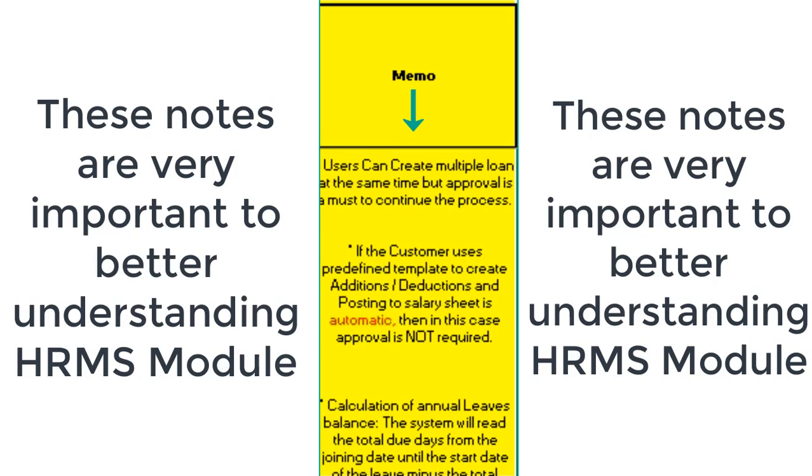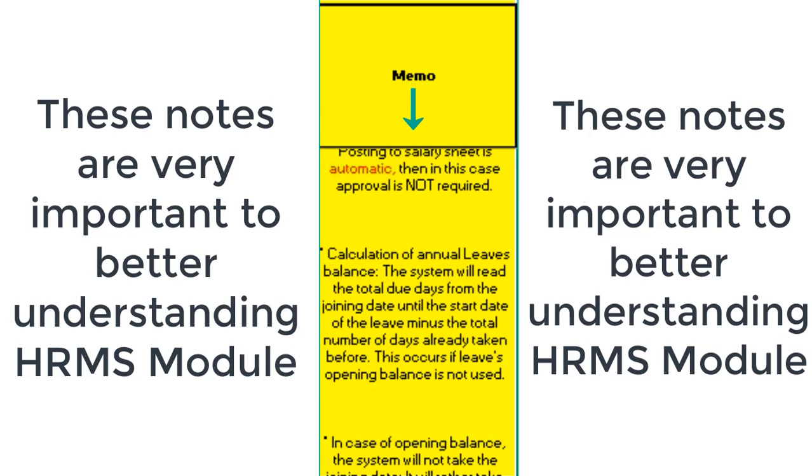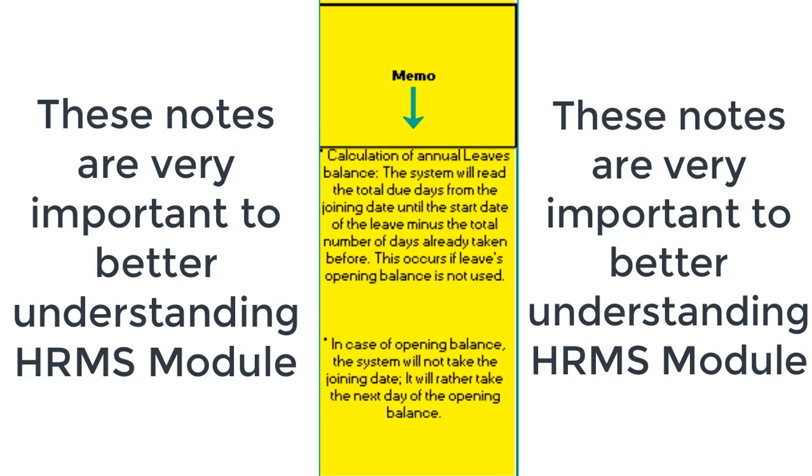And also, calculating the annual leaves balance is pretty important. You should always keep in mind how the calculation of annual leaves works. Basically, the system will read the total due days from the joining date until the start date of the leave, and then this will be minus the total number of days which have already been taken before.